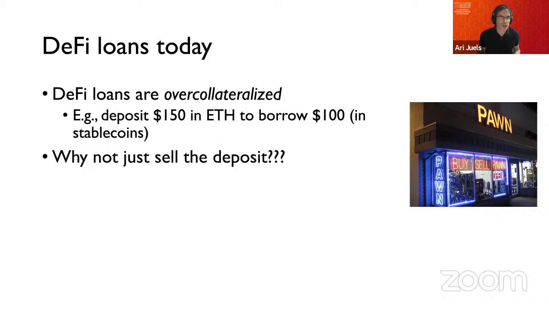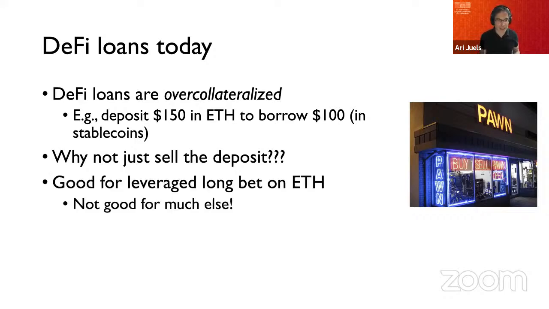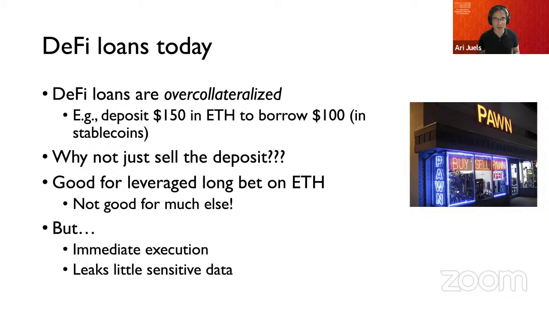The question is, why is this useful? Why not just sell the deposit? It turns out this is good for leverage. In particular, if you believe the price of ETH is going to rise, what you can do is deposit some ETH, withdraw some stablecoins, buy more ETH, get more stablecoins, and rinse and repeat until you get a factor of 2 or 3 leverage.